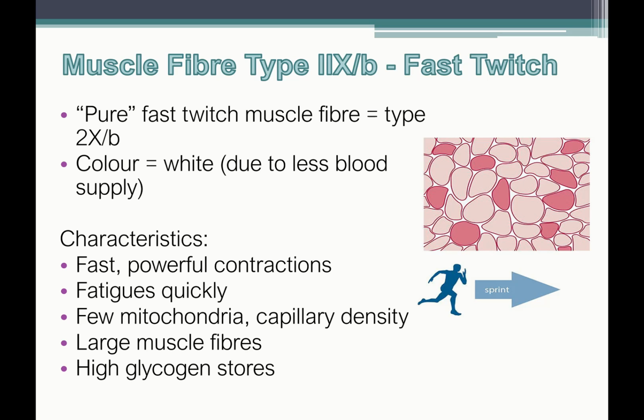So type 2X muscle fibers don't have the ability to wait for oxygen to be delivered. When we require fast, explosive and speedy contractions, we want to be able to rely on immediate energy sources and therefore not have to wait for oxygen to be delivered.